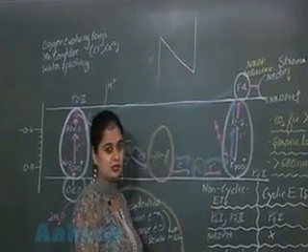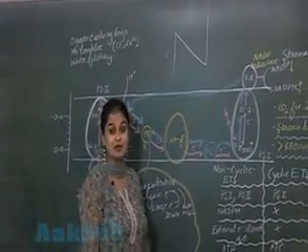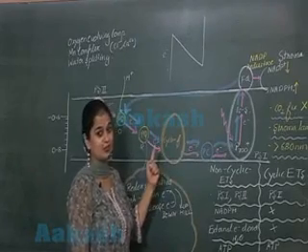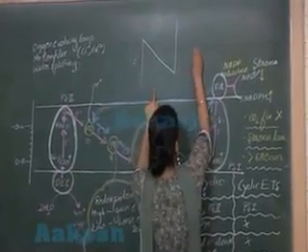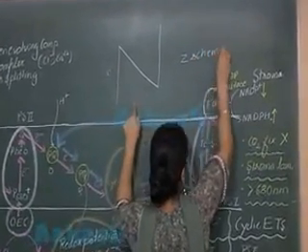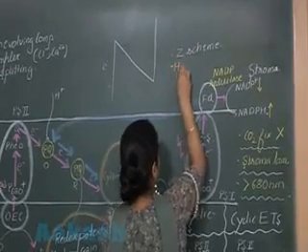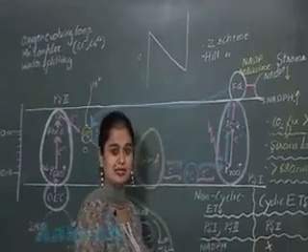So on the basis of the redox potential, if we see the pathway which is followed by the electron that resemble the letter Z, yes, that pathway resemble the letter Z, that's why it is known as Z scheme. Yes, this is known as Z scheme given by the scientist Hill. So it is also known as Hill scheme.